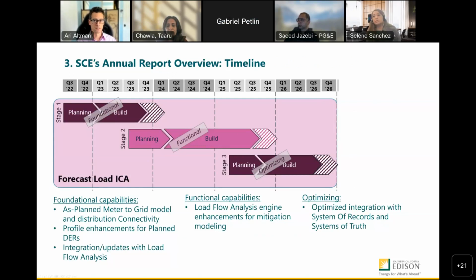Sure. It'd be my pleasure. Hi, good afternoon. To answer that question, we're currently going through a system-wide refresh. Full transparency, we just completed a root cause analysis last year that looked into some of our ICA study results.